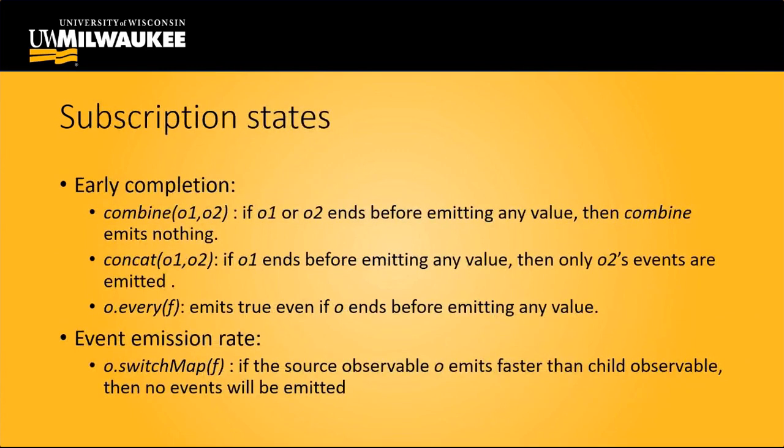Detailed semantics of the RxJS observables also revealed possible unexpected states of the subscription objects. Some of them are caused by early completion of the sources. For example, the combined observable will not emit anything if one of its sources completes without emitting any value.